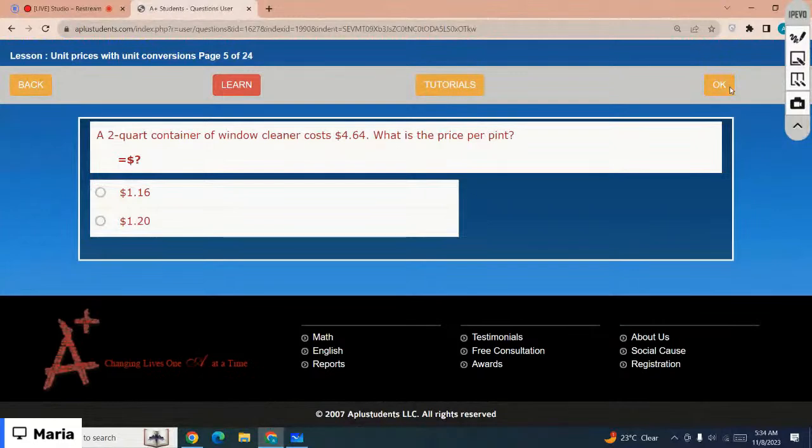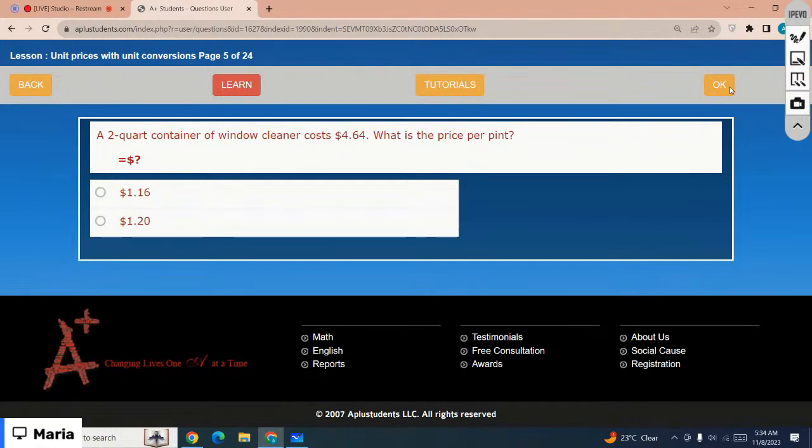A 2-quart container of window cleaner costs $4.64. What is the price per pint? So that is a conversion from quarts to pints. 1 quart equals 2 pints. So 2 quarts equal 4 pints. So divide 4.64 by 4.